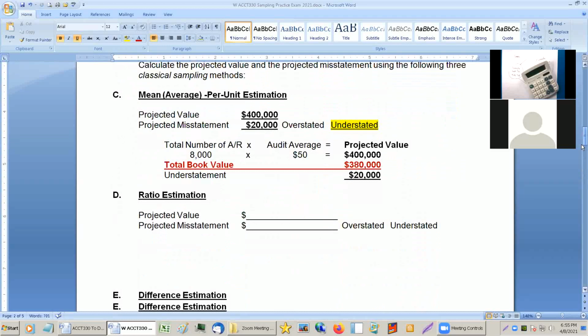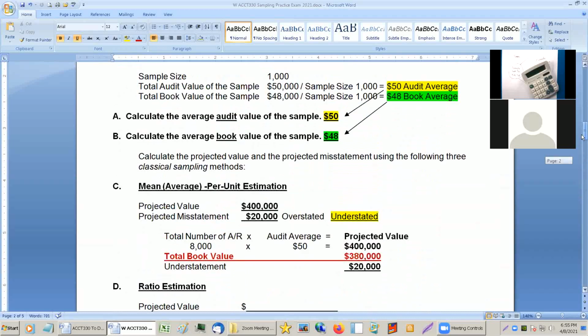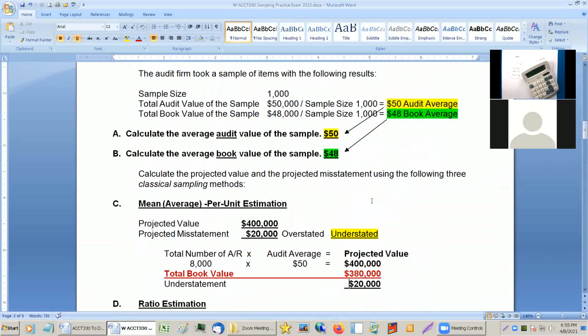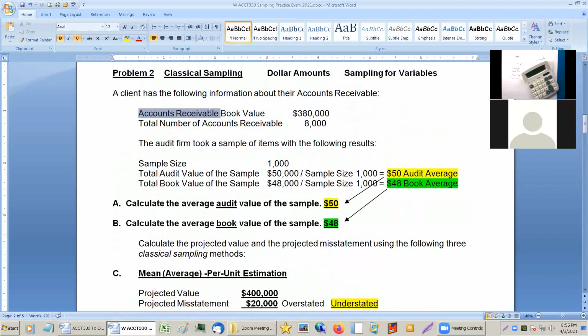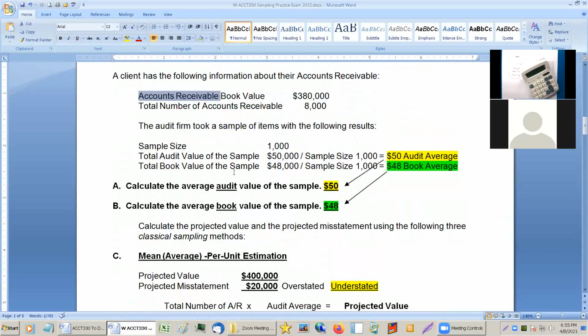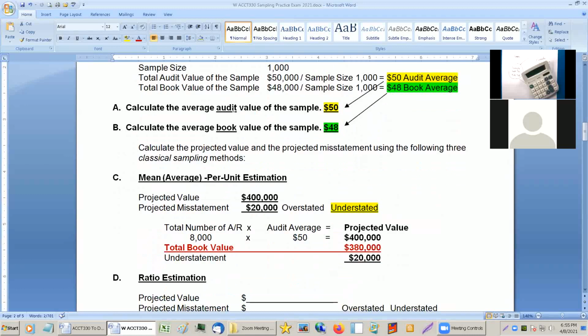And by the way, after this one, we'll get to monetary unit sampling, and monetary unit sampling is only for overstatements. Normally you think of accounts receivable, they're probably going to want to overstate it, make it look like they're better. But for some companies, why would they want to understate their accounts receivable? Why would they want to make themselves look worse?